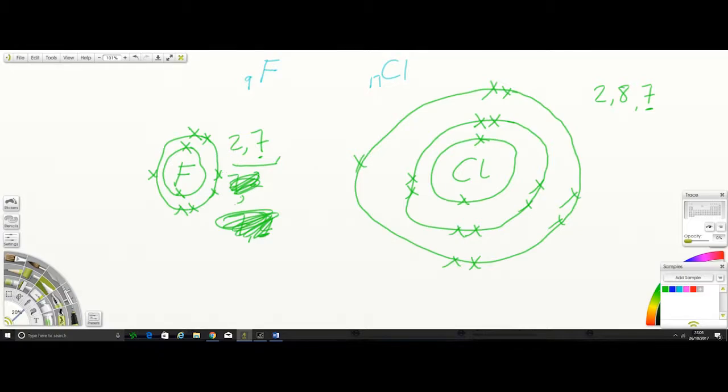So the question now is, why is fluorine more reactive than chlorine? You can answer this question in the following ways. Number 1, they are non-metals. Number 2, non-metals accept electrons.